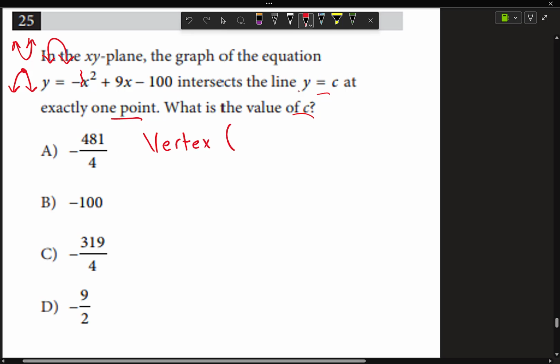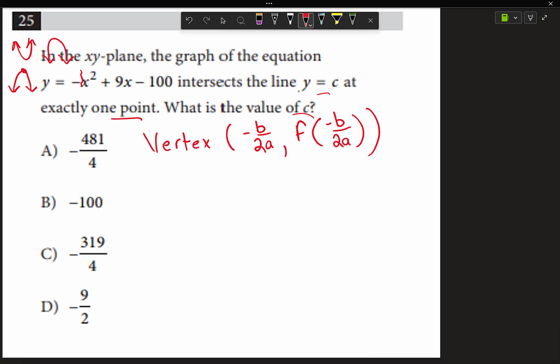of a parabola, remember that this is an xy ordered pair. So there's a formula negative b over 2a to find the x coordinate of the vertex. And then this one always looks a little intimidating, but basically what we're doing to find the y coordinate is taking what we got for negative b over 2a and substituting it back in for x.